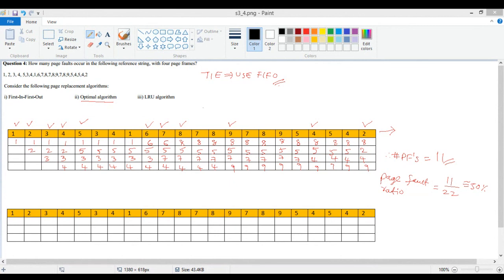So we have 4 page frames, right? Just a minute.